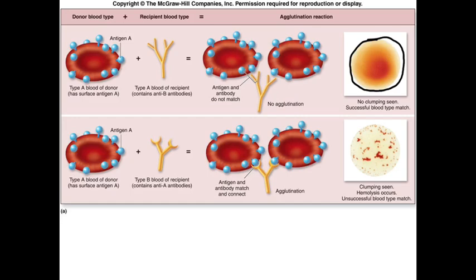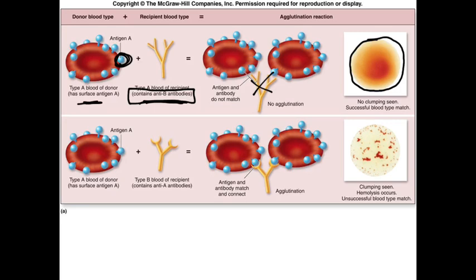So in this case, we have type A blood, and on the surface, there are the A antigens. And we add to it anti-B antibodies. So these B antibodies would bind to B antigens on the surface of the red blood cell, but there aren't any. And so there is no binding. There's no binding going on.